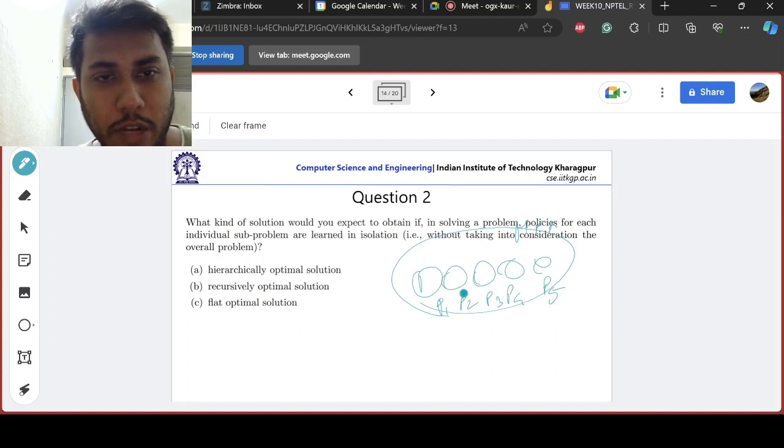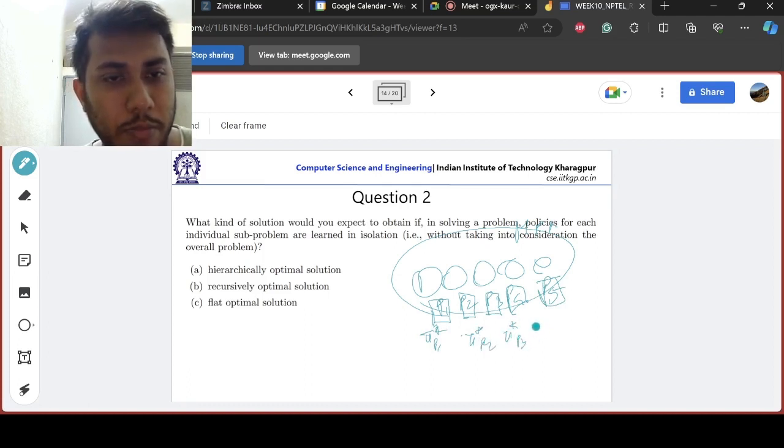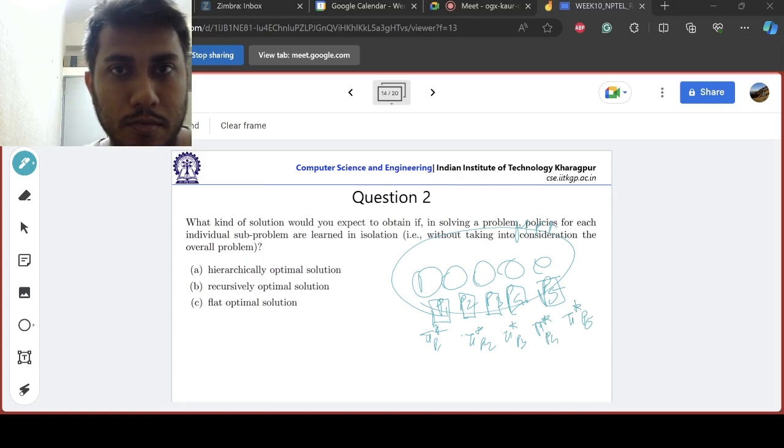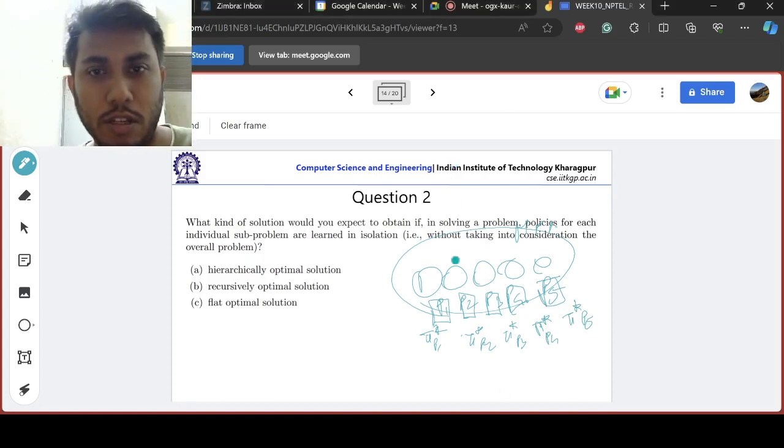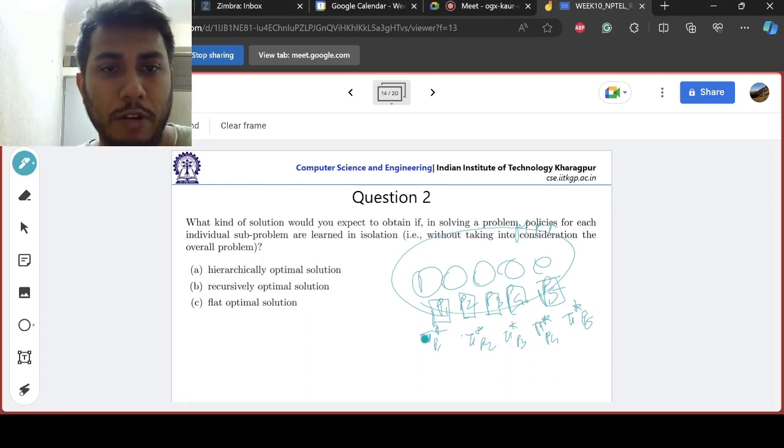It's saying that we are individually computing the optimal solutions for each of them: pi star P1, pi star P2, pi star P3, pi star P4, and pi star P5. And we are doing it in isolation.